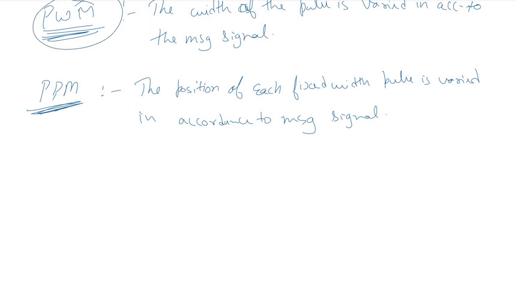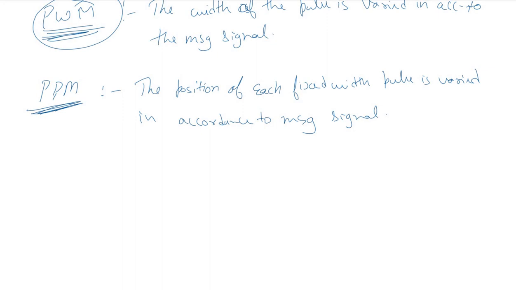PWM, pulse width modulation, has a very interesting application. It finds an application in controlling the speed of a DC motor, in delivery of power, which is precisely regulated by the width of the pulse. Pulse width refers to the energy or the power, so it can be very efficiently used to precisely regulate the power.